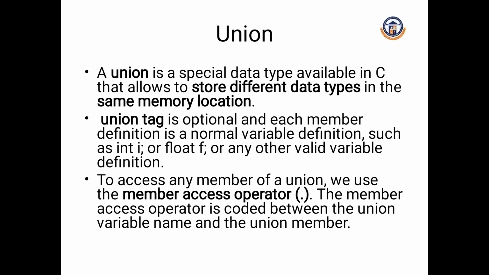In structures, we have the structure tag that is optional, and here also you have the union tag. It is also optional here. Like we define the members inside the structure, here also inside the union we define the members of the union, like int and float.